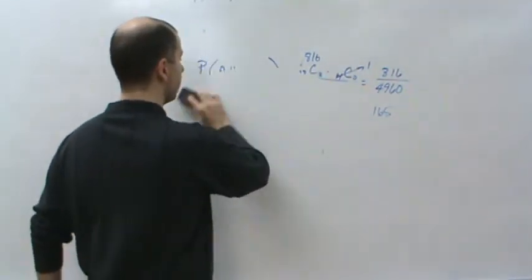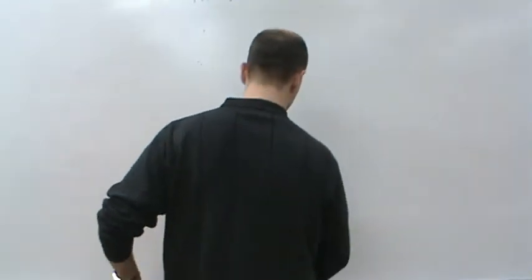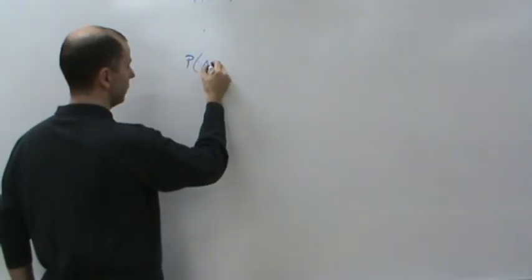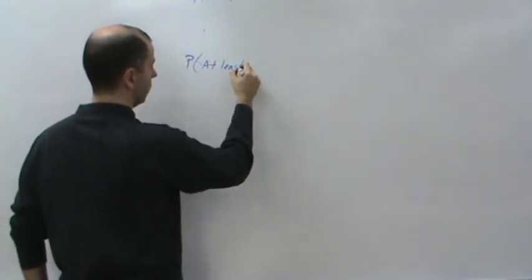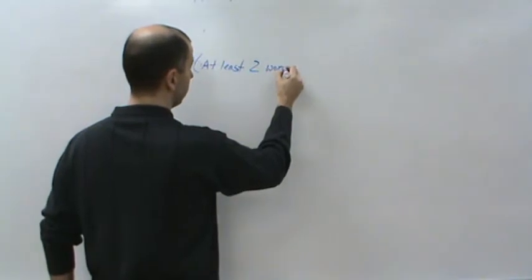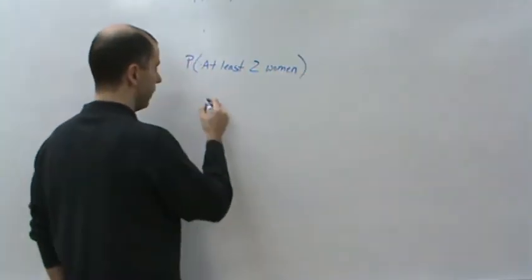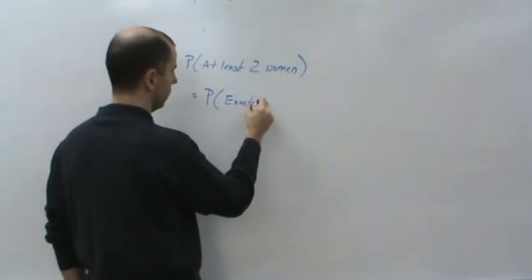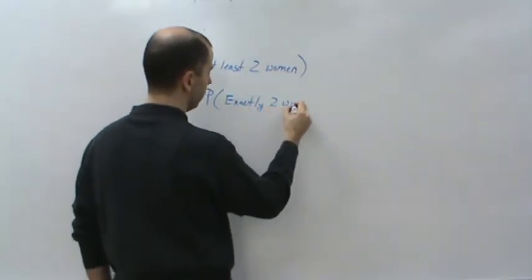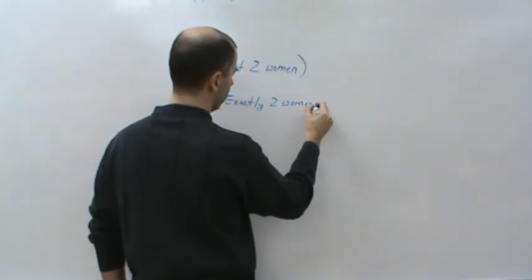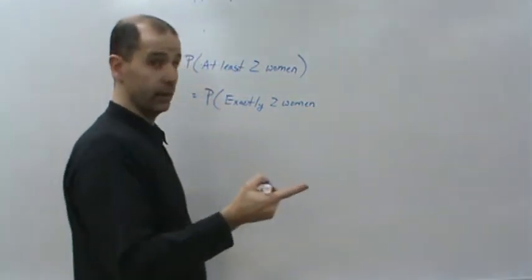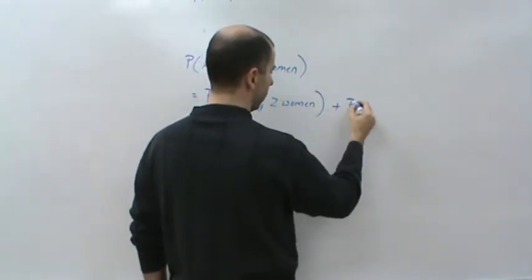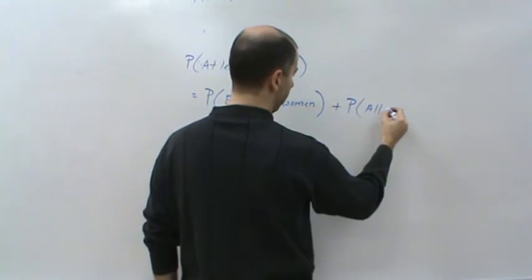I'd do the same thing and I would just use the addition rule, right? So if I want the probability of at least 2 women, that would mean I'd have to calculate the probability of exactly 2 women, right? Or all women, right? So plus the probability of all 3 women.